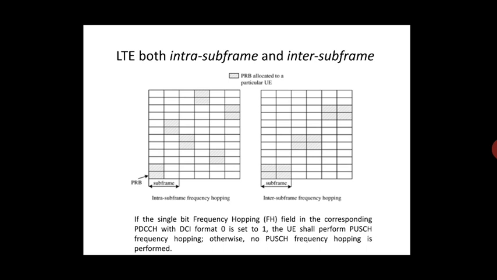When we take a cellular architecture, the cell is again divided into subcells, sectored, to increase the number of users and support high rate. If the frequency changes within that, it is called intra-subframe. In inter-subframe hopping, the frequency allocation changes from one subframe to another. Higher layers determine if the hopping is inter-subframe or intra-subframe.